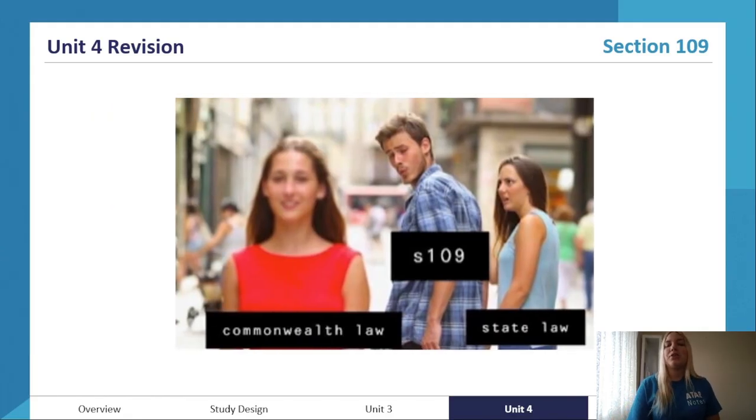So when you need to discuss the significance of Section 109, you will be discussing that Section 109 helps to expand the lawmaking powers of the Commonwealth at the cost of reducing the lawmaking powers of state law, because it clearly indicates its superiority in areas of concurrent powers.